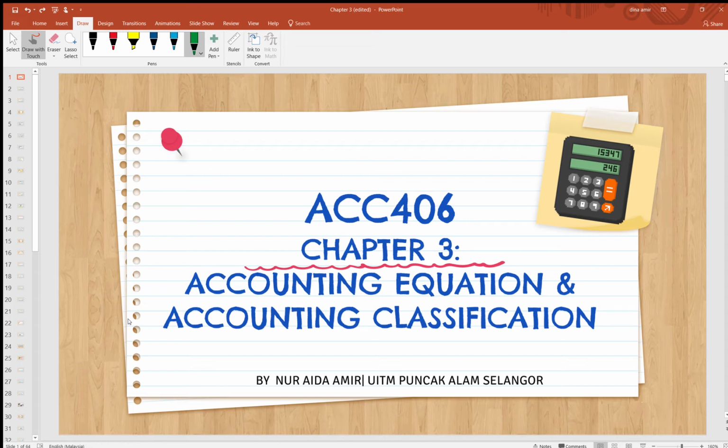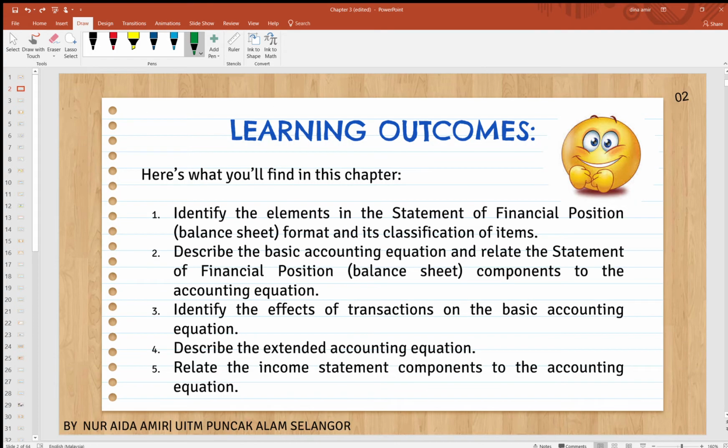Basically this chapter is about the statement of financial position. I'm going to show you what the elements in a statement of financial position are, and how the items are classified. Describe the basic accounting equation and relate the statement of financial position components to the accounting equation.